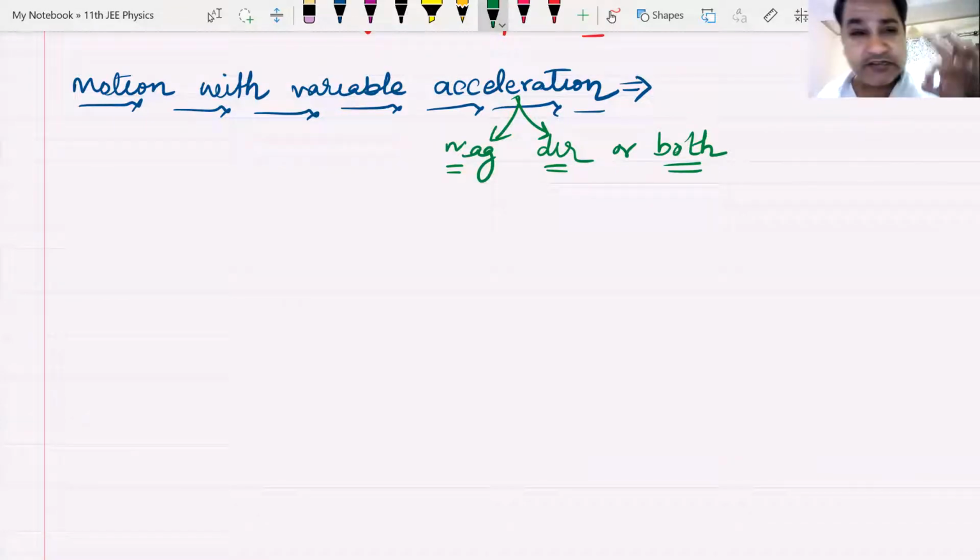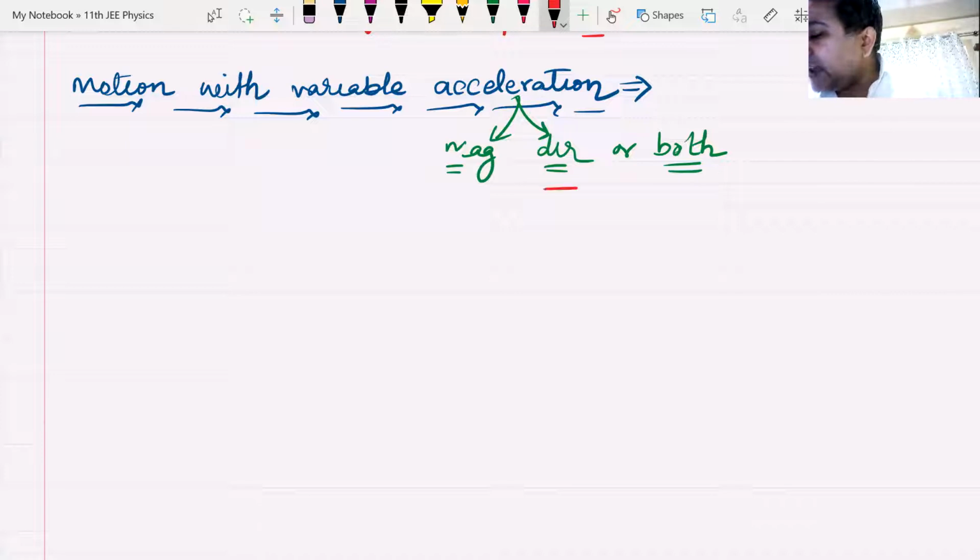So beta, please listen to me very carefully. For motion in a straight line, sometimes, mark my word, sometimes the acceleration can be forward or positive. I can make acceleration which is positive at some times. I can also make an acceleration which at some times becomes negative.